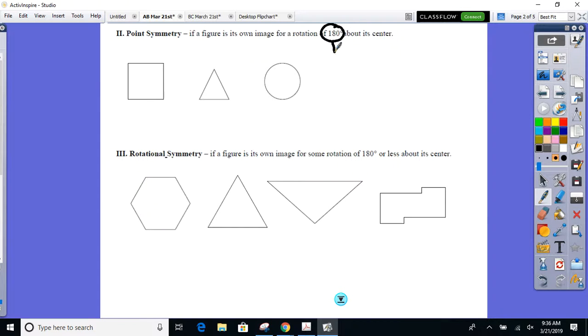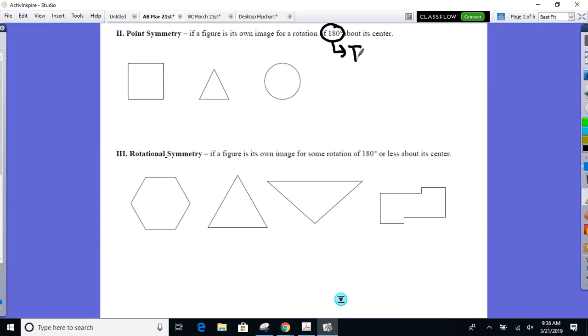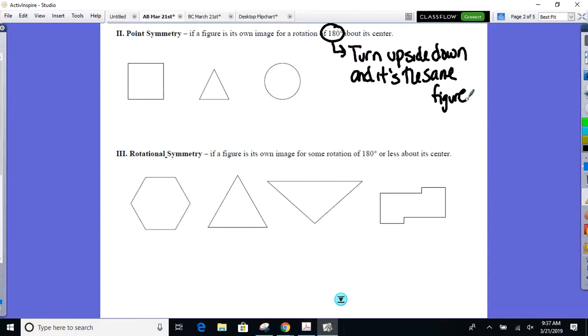Bottom line, turn upside down, and it's the same figure. It can be rotated not less than, exactly 180, and it's the same figure back.